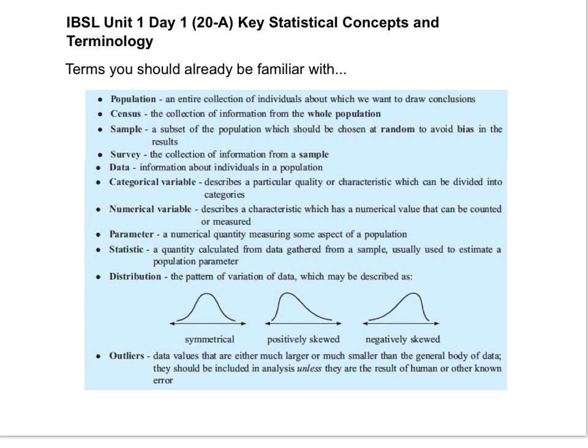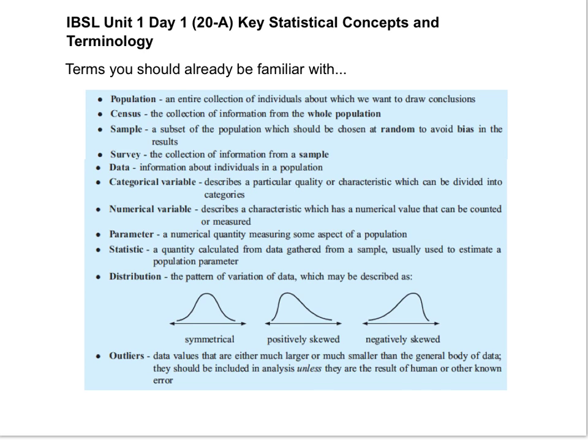But then we have different things here. We'll talk about types of data a little bit more later when we get to correlation, because it's important that you understand that, especially there. But categorical variable versus a numerical variable, okay? A categorical variable describes a quality or characteristic that can be divided into categories.